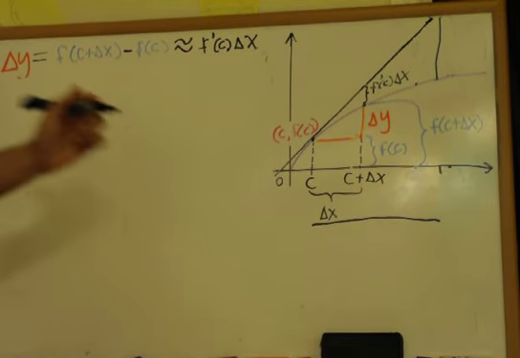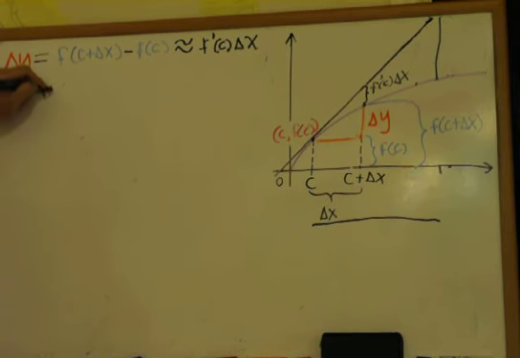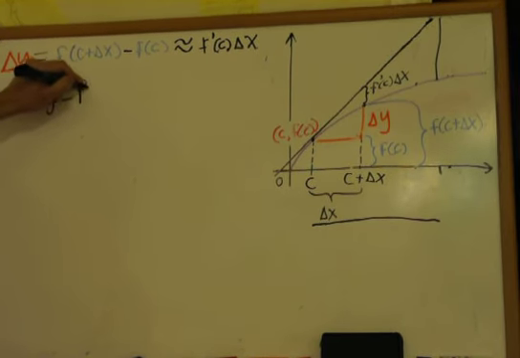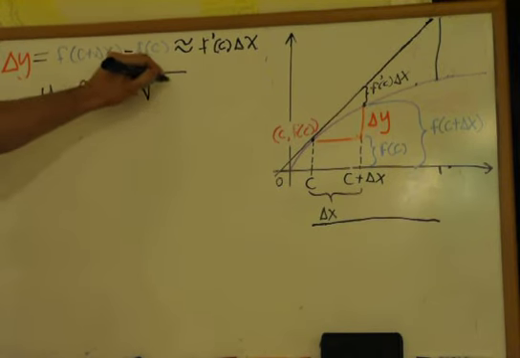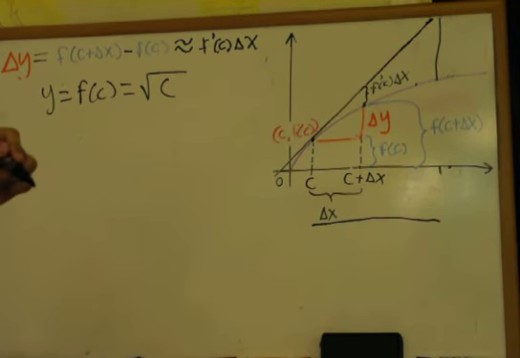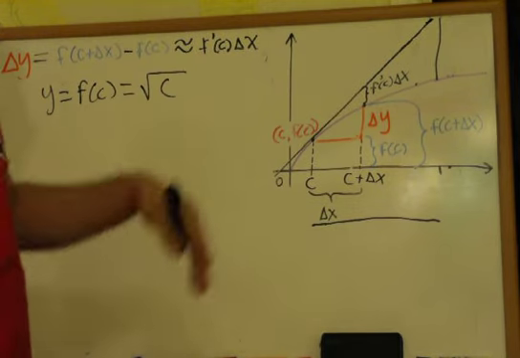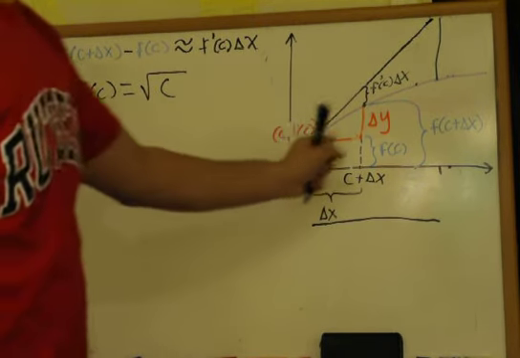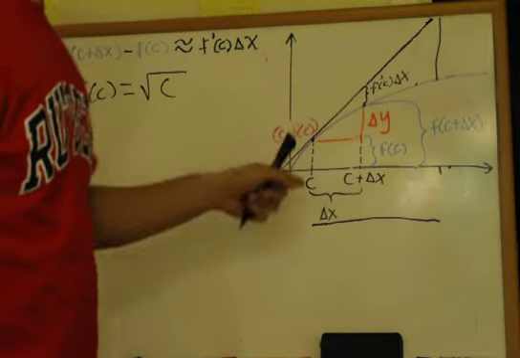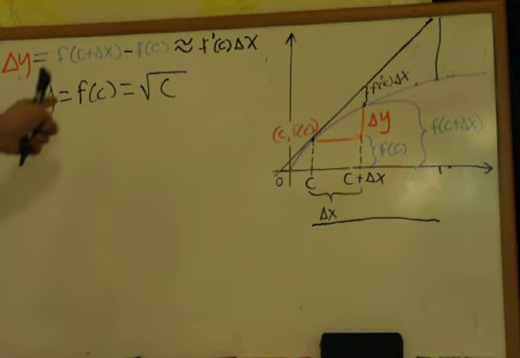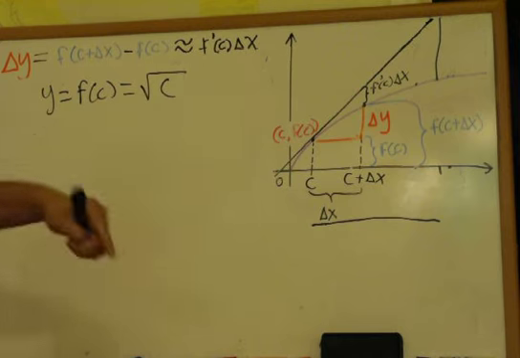Okay, so y is equal to f of c is equal to the square root of c. So we're trying to find the square root. Since we're trying to approximate a square root value with this graph here, we have y is equal to f of c is equal to square root of c.